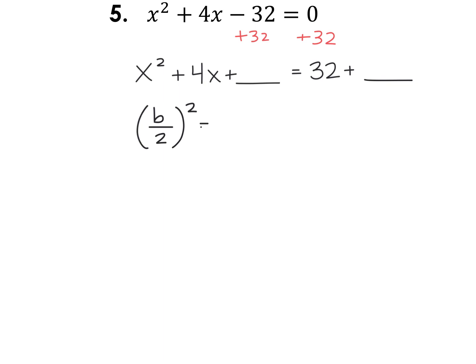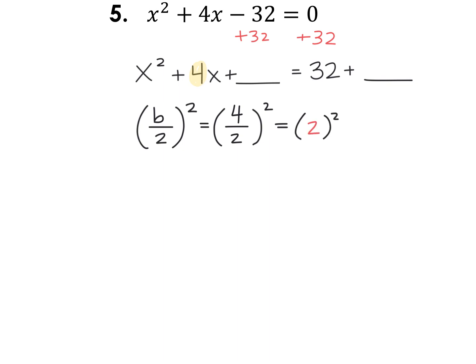Okay, what is b? It's 4. It is this guy. 4. Okay, so 4 goes here. 4 divided by 2 squared. What is 4 divided by 2? Okay, 2. I have that number in red for a reason.